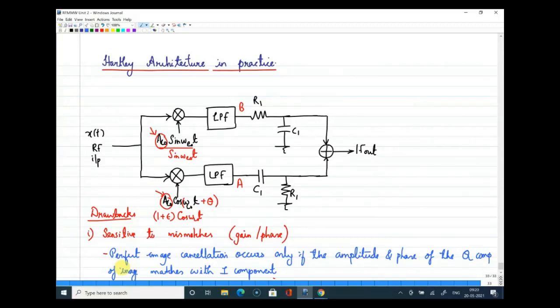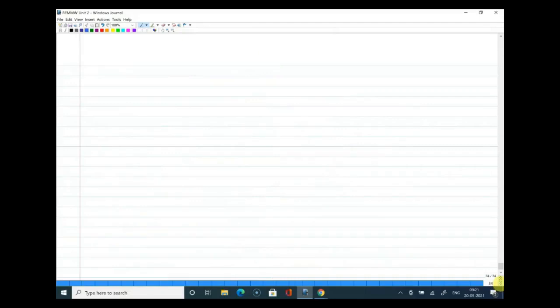But we can definitely expect a gain or phase shift in both the arms, and that will result in imperfect cancellation.